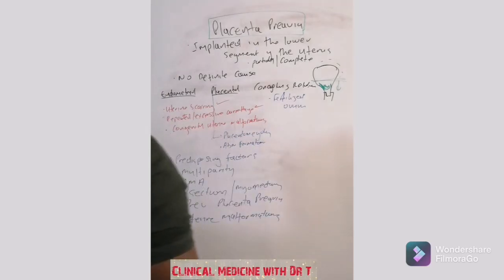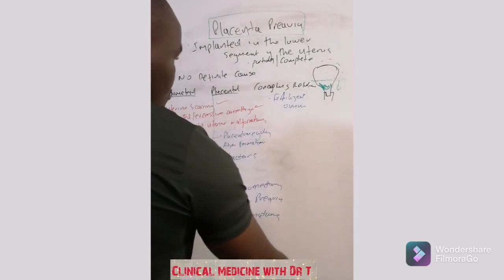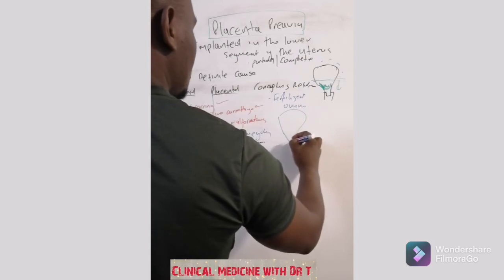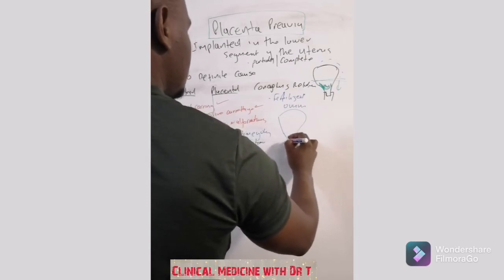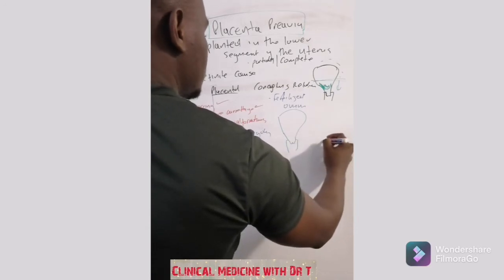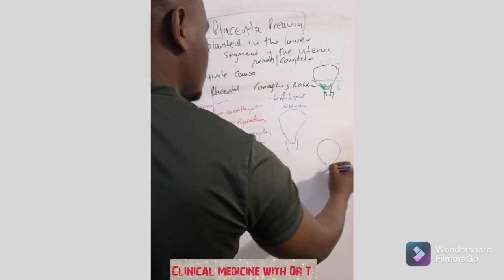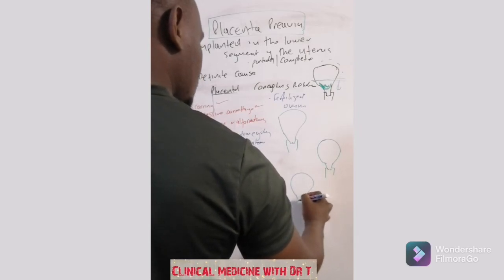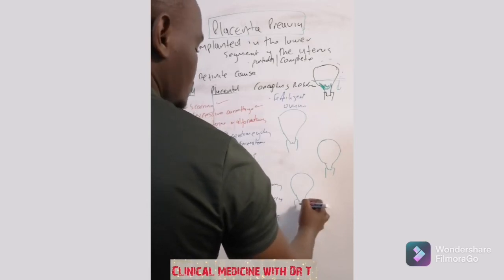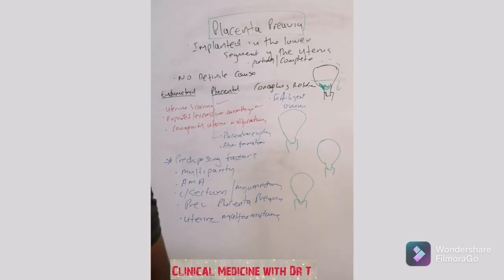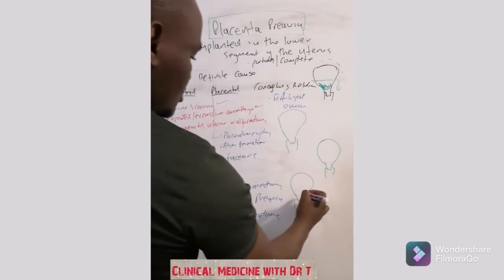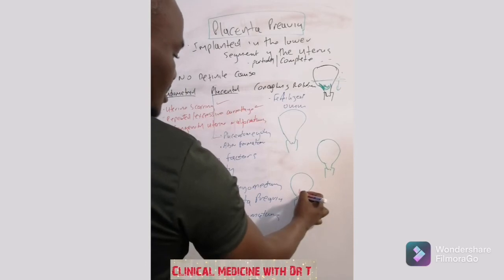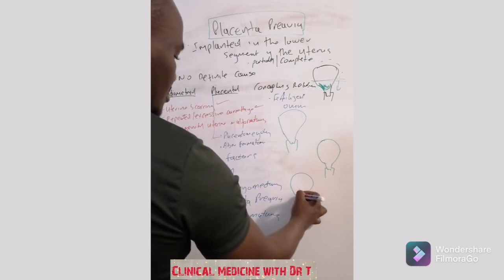Okay, complete is the easiest to draw. So that's our umbilical cord, and that's how it goes.